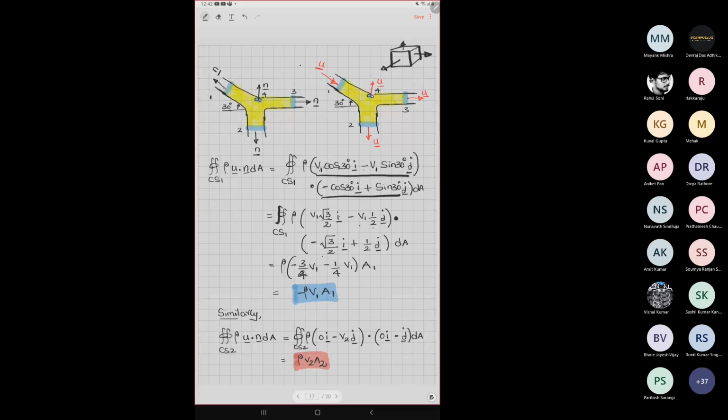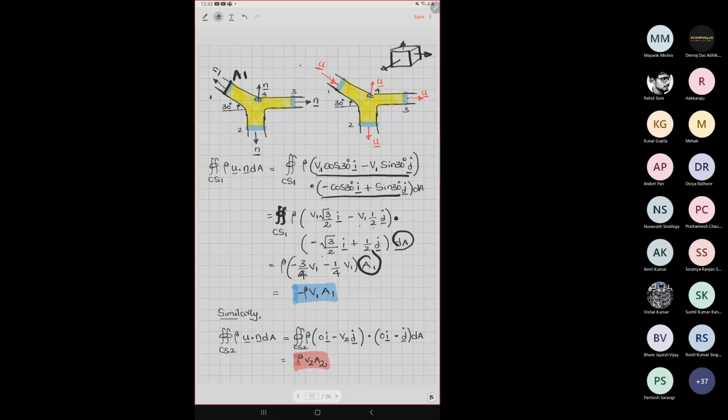This is for the entire surface I would like to calculate. So rho multiplied by V1 squared, 3 by 4 minus 1 by 4, multiplied by the integral of dA, which is the surface area of that element, A1.